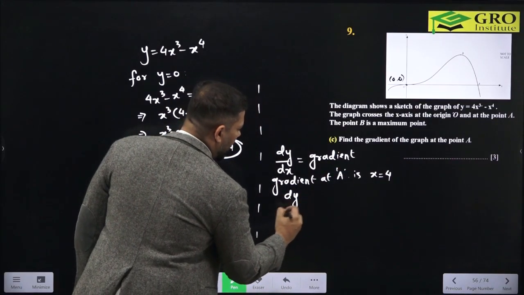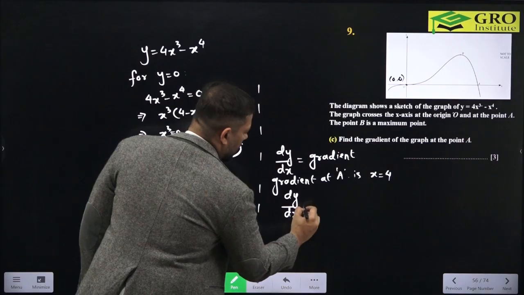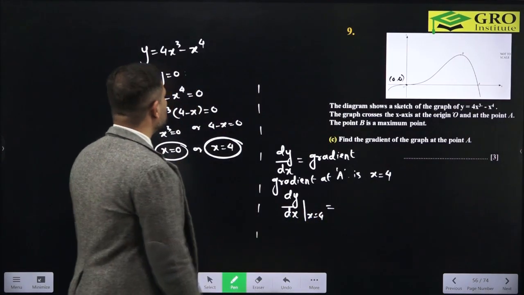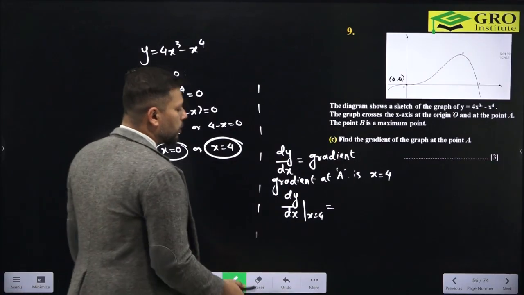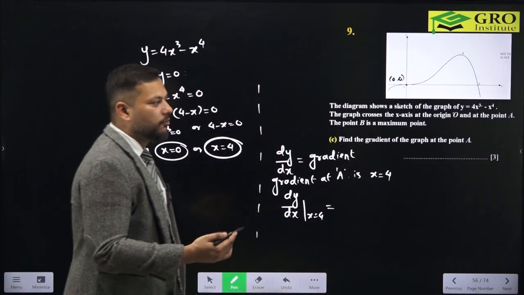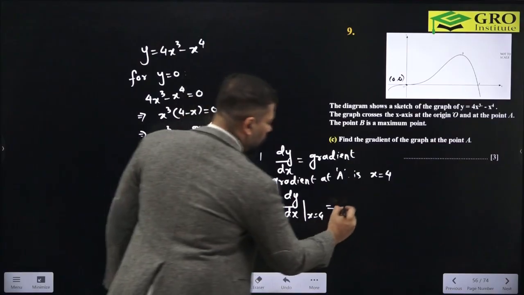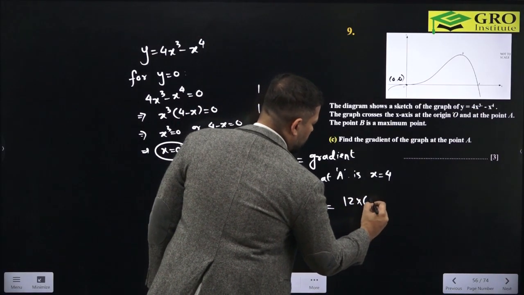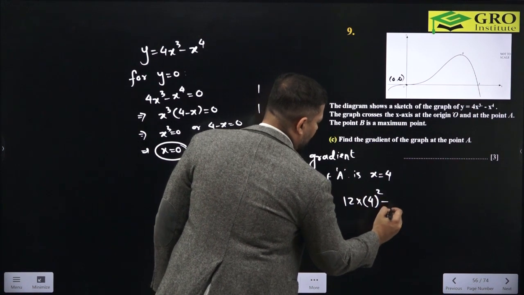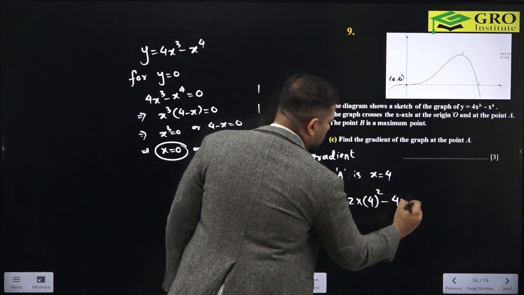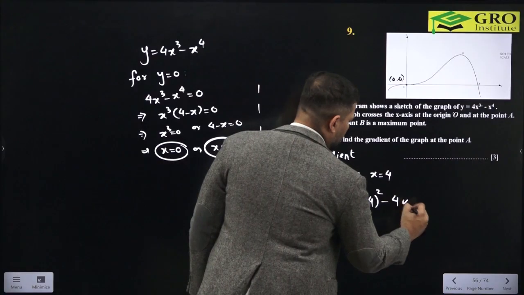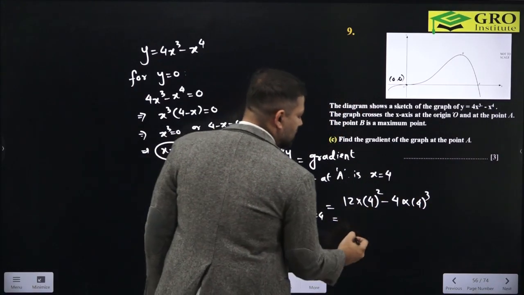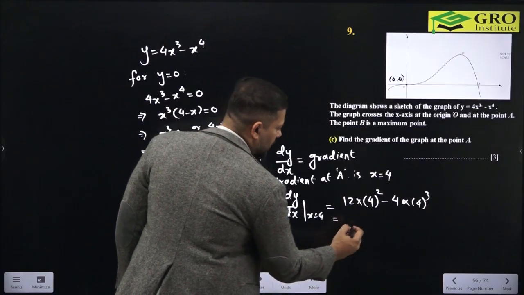So dy by dx for x equals 4 would be, what is the equation of dy by dx? We know that was 12x squared minus 4x cubed. So 12 times x squared, that is 4 squared, minus 4 times x cubed, that is 4 cubed. 4 squared is 16. 16 times 12 is 192.